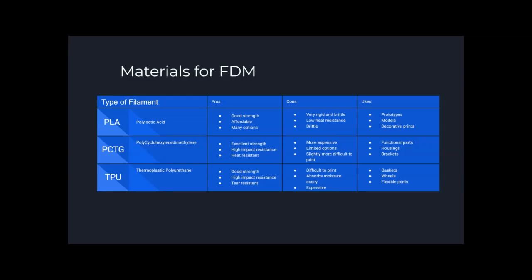And then there's TPU, which is the interesting one, where it is a soft plastic. PLA and PCTG are all very rigid. TPU has a lot of flex built into it, so it's good for things that are made out of rubber, things that are going to be compliant, or things that you're going to touch or interact with, that you don't want to be a hard plastic. However, it is extremely difficult to print.